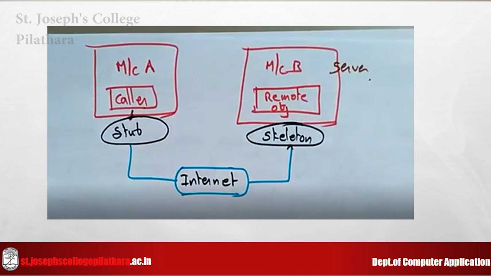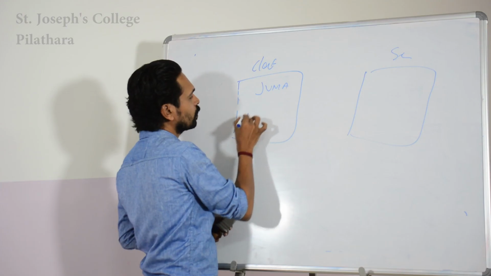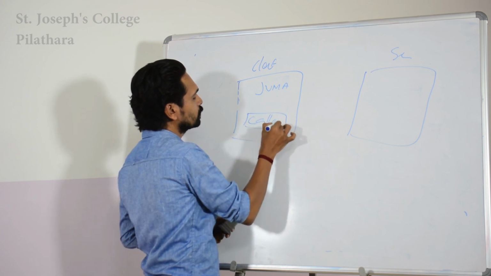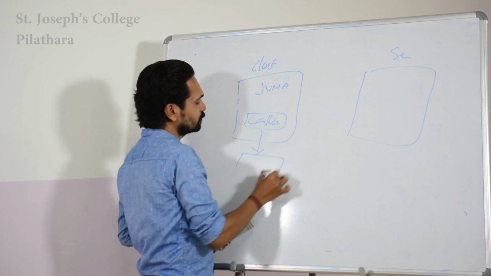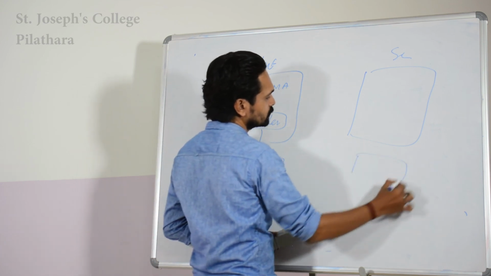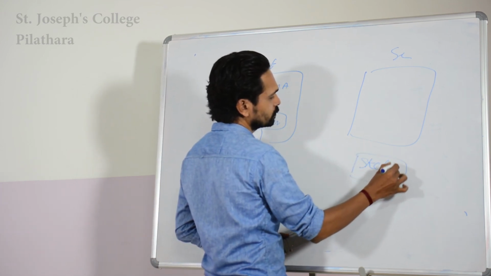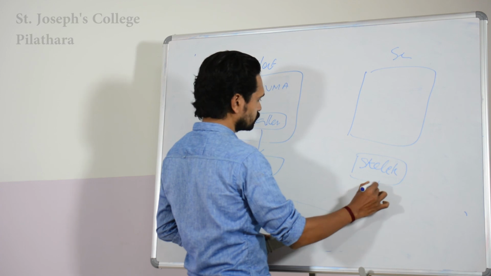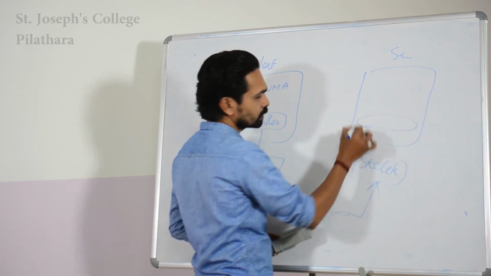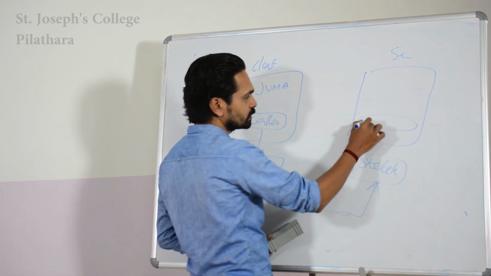Okay, caller. JVM A, Java Virtual Machine A, caller sent to the stub, that stub to the skeleton. Here it receives the remote object.